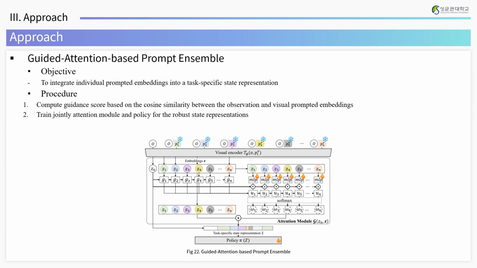Given observation and the learned visual prompt pool, guidance scores are computed based on the cosine similarity between the observation and visual prompted embeddings.